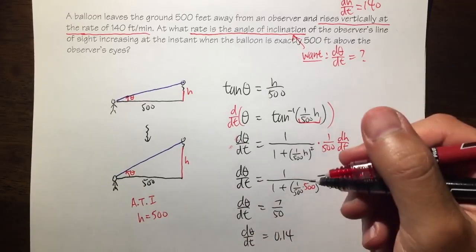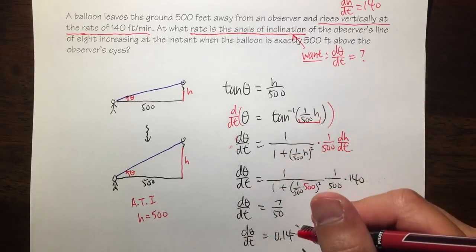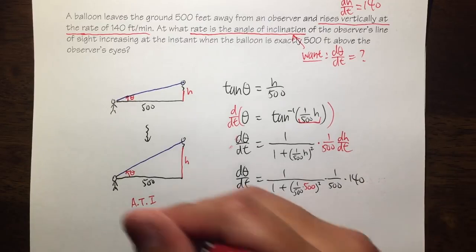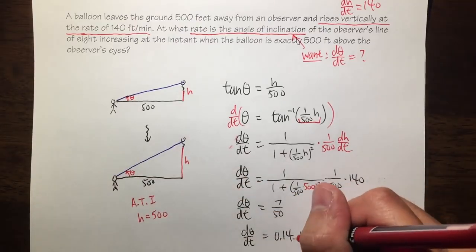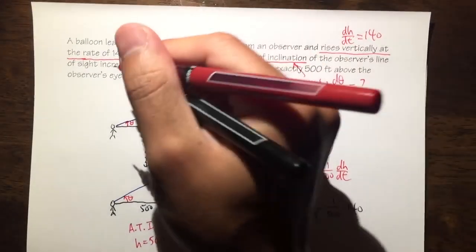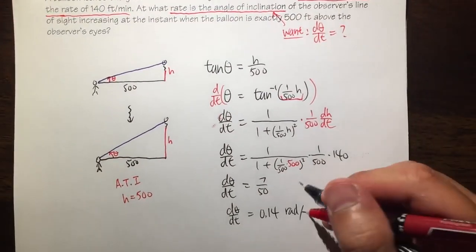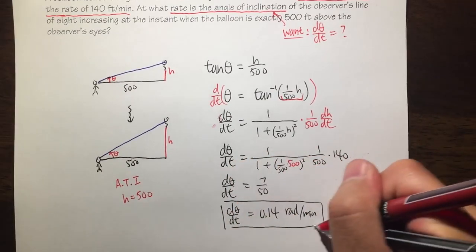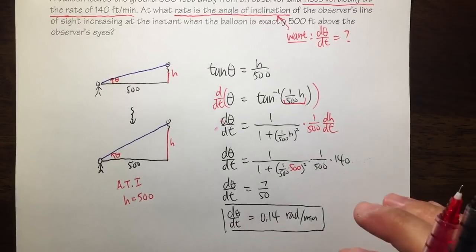So up to you. Anyway, I will go with decimal, and this is d theta/dt. Theta is the angle, so the units are radians per, and the time unit was minute, so radians per minute. I will box this right here for you guys. Right, so that's it.